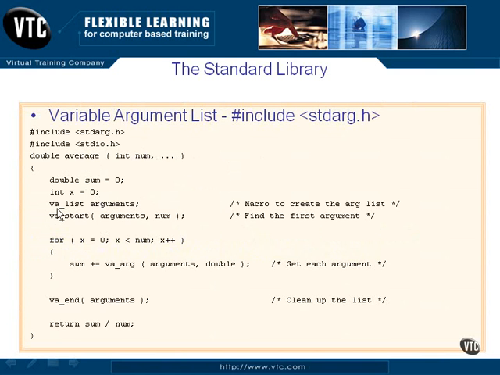We have to set up a va_list of arguments. So arguments is of type va_list, and va_list is a macro that's defined in stdarg.h. That creates our arguments. We call va_start and pass it the arguments structure and the number, which is the last known variable before the unknown list.